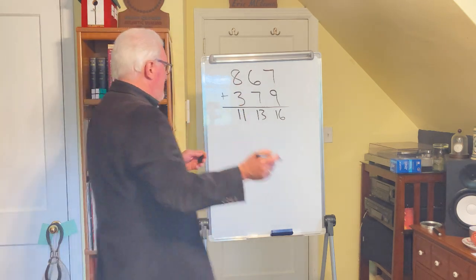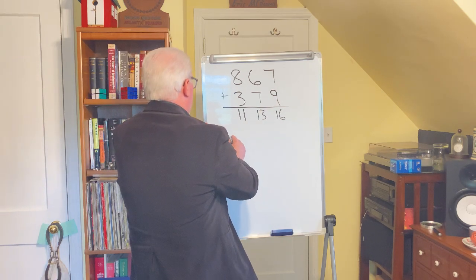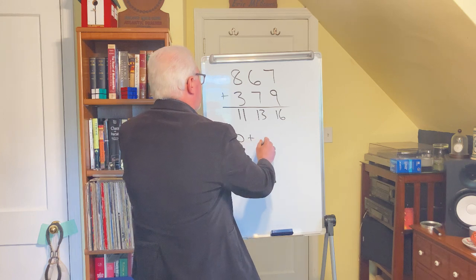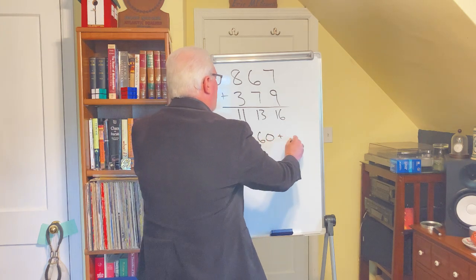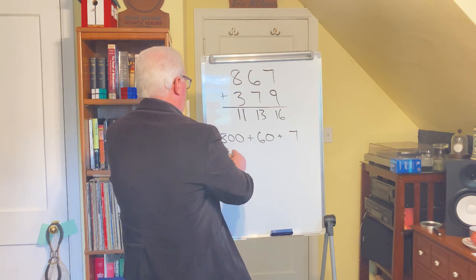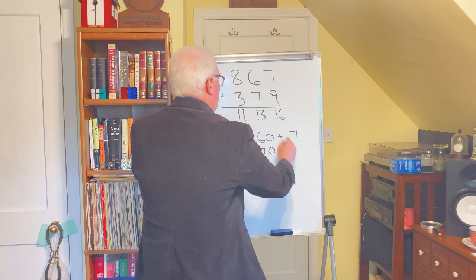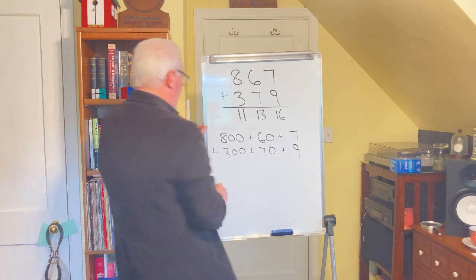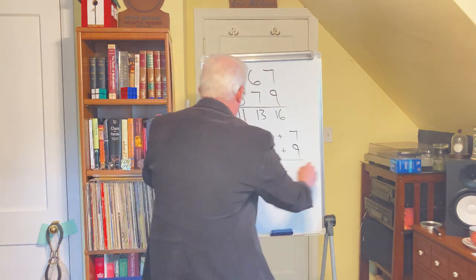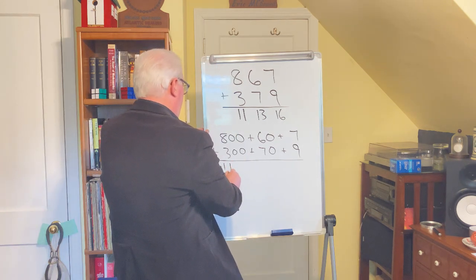So if we break this up into its component parts as we did before, let's see, what is this? 800 plus 60 plus 7 added to 300 plus 70 plus 9. Well, what we're going to get is 1100.